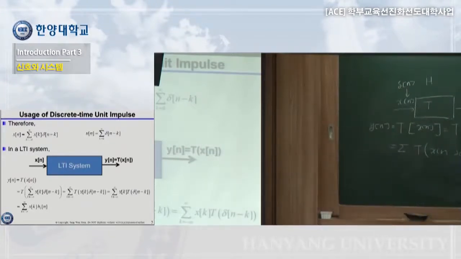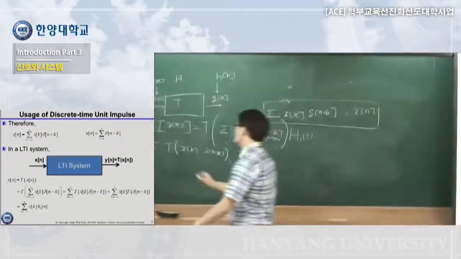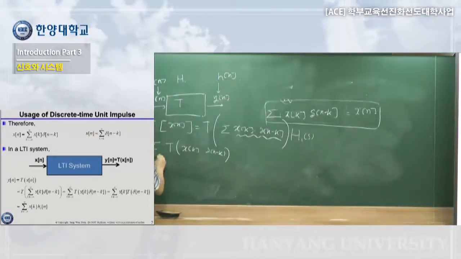And then what? Here x[k] is a function of k, but the system has no relation with k, so we can take this one out, because it's a linear system. Think about superposition. Superposition means addition; we can separate by addition.